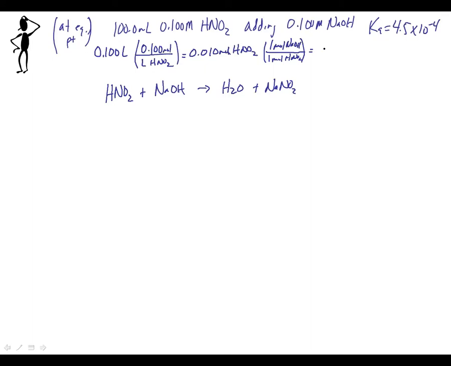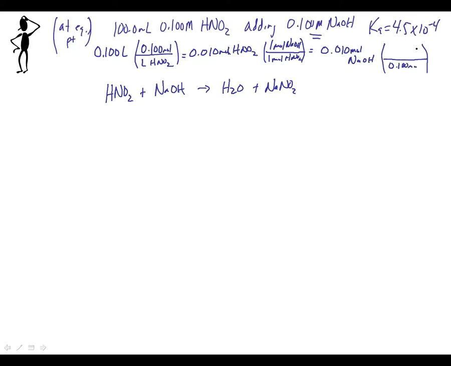That means that we would need 0.01 moles of sodium hydroxide. We then have the molarity of sodium hydroxide, so we divide by 0.1 moles per liter.